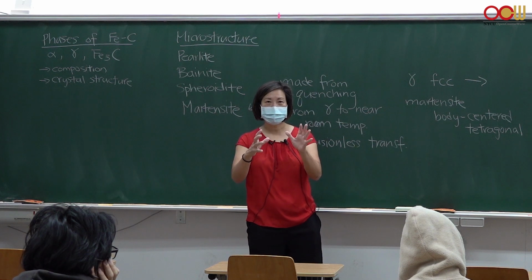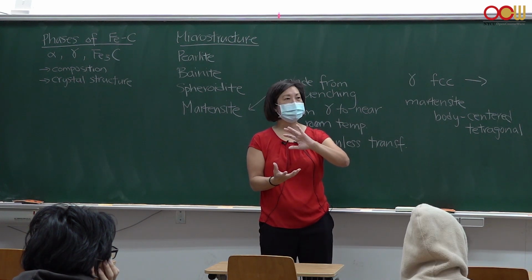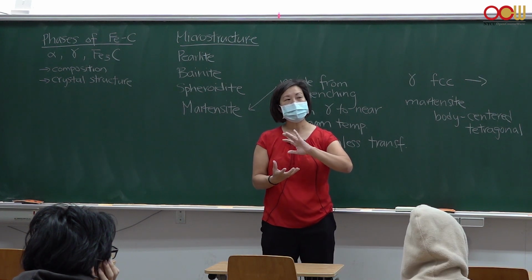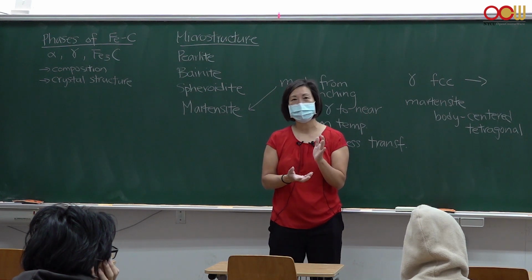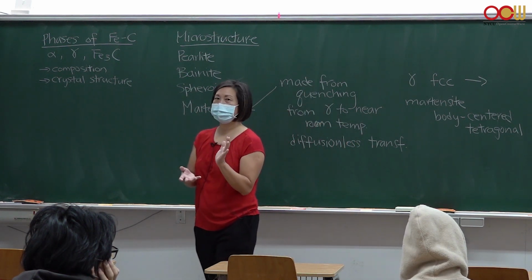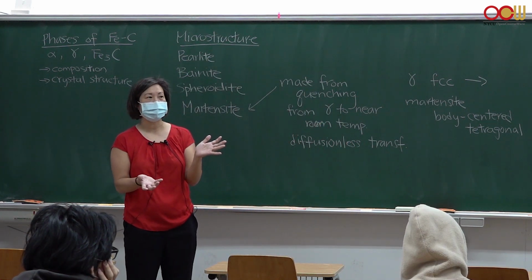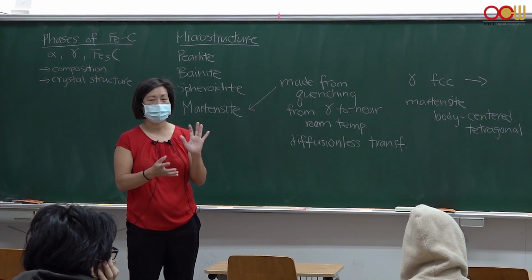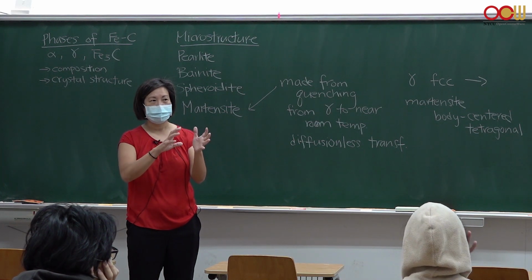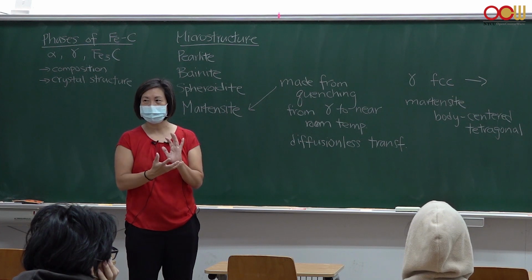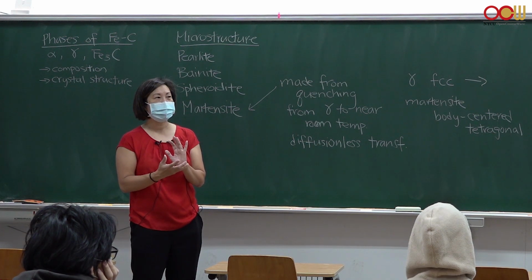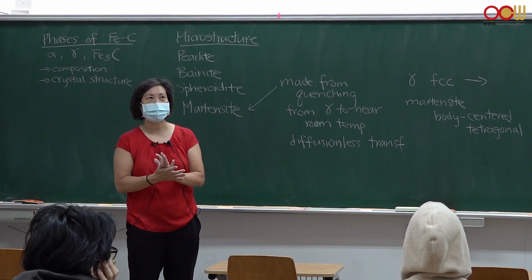Everything moves just a little bit so that it forms a new crystal structure. It's almost instantaneous, because there's no diffusion happening. Everything shifts a little bit and becomes martensite. So it is what is called a metastable phase.